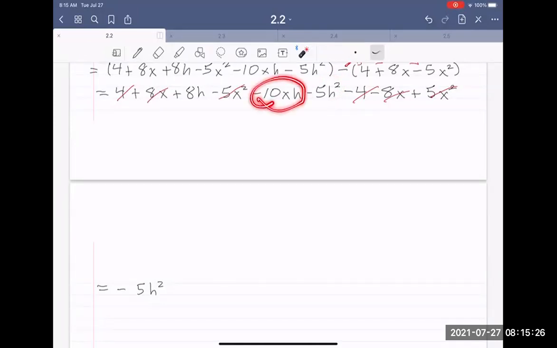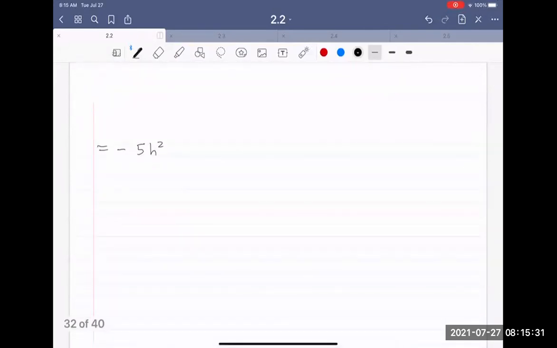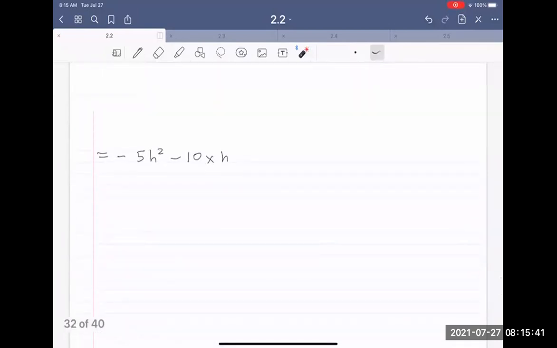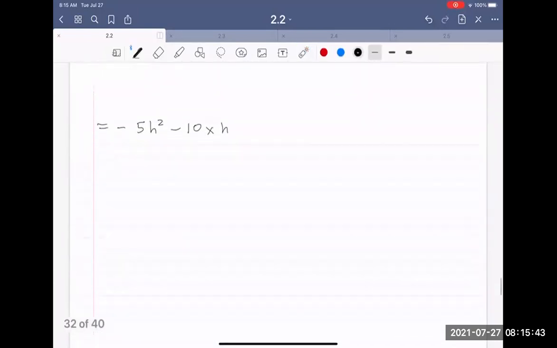Then I have this term, so minus 10xh. And lastly, I have this term. So plus 8h.